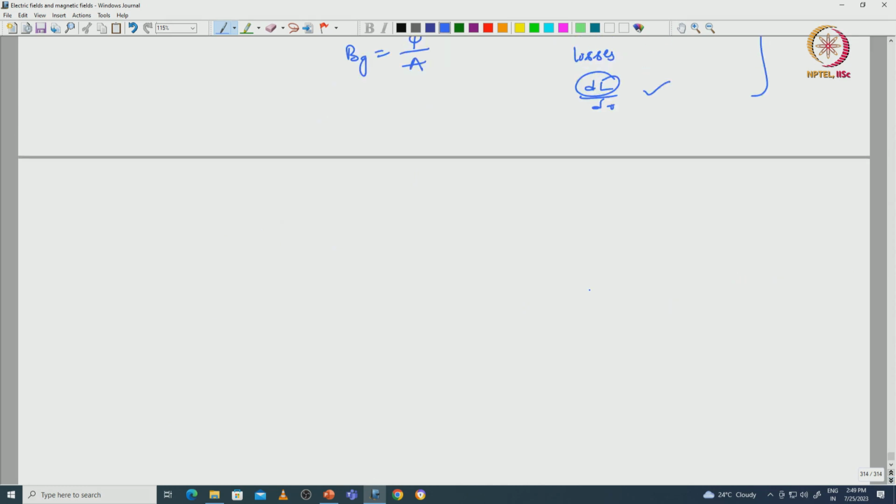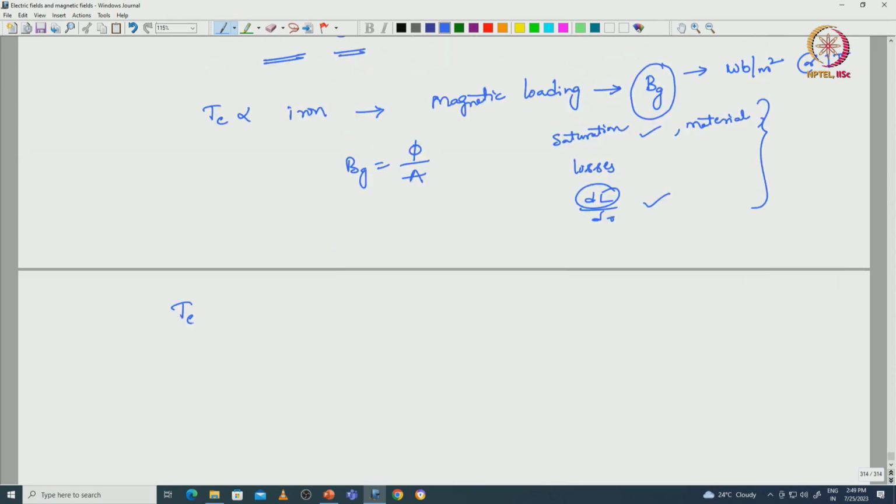and the torque developed by the machine is also proportional to the amount of copper we are utilizing. So, the amount of iron and amount of copper we are utilizing to generate the required torque and power are directly related. The amount of copper represents the electric loading.